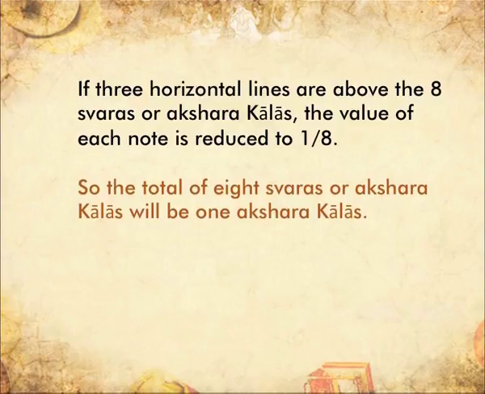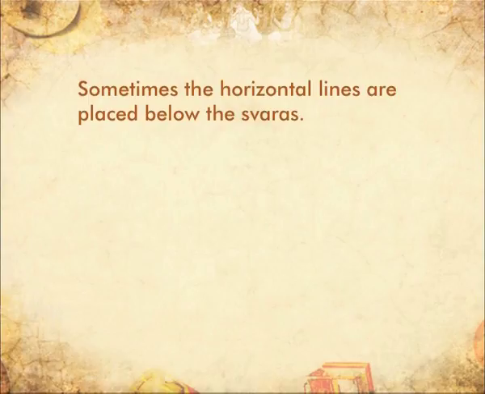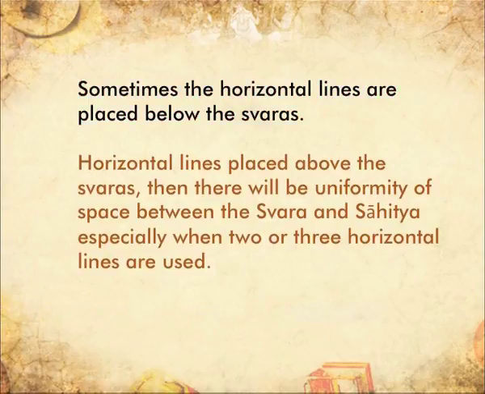Therefore, the total of 8 swaras or akshara will be 1 akshara. For example, sometimes the horizontal lines are placed below the swaras, but if the horizontal lines are placed above the swaras, there will be uniformity of space between the swara and sahitya, especially when 2 or 3 horizontal lines are used.